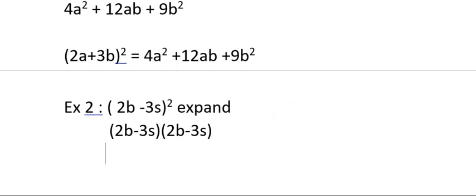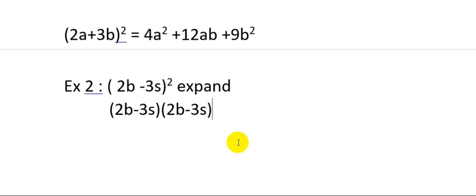Still, if you are not familiar with writing this answer in one step, you can always write these steps, and you can get familiar by doing more questions. Then you can write the answer in one line.